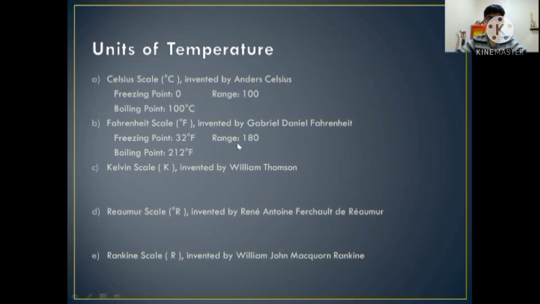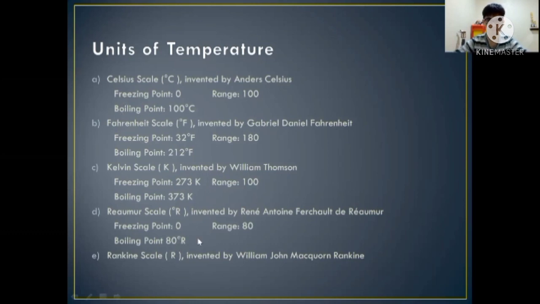Next, for the Kelvin scale, the freezing point will be 273 Kelvin, and the boiling point will be 373 Kelvin, and the range between these points is 100, same as the Celsius scale. And the fourth one, the Reaumur scale, the freezing point, same as Celsius, is 0, but the boiling point is different because Reaumur is 80 degrees Reaumur, and the range between these points is 80.